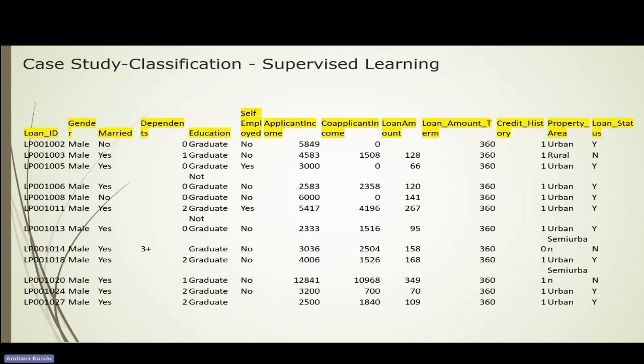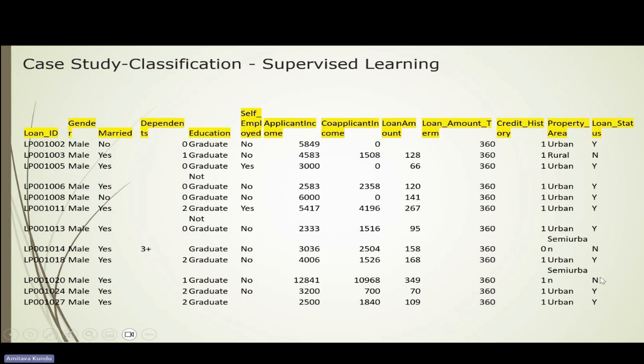So see this example here. Once the model is trained, when you have created the model, you are using this model to predict if the loan will be approved or not for a particular customer. So either it will be approved or it will not be approved.